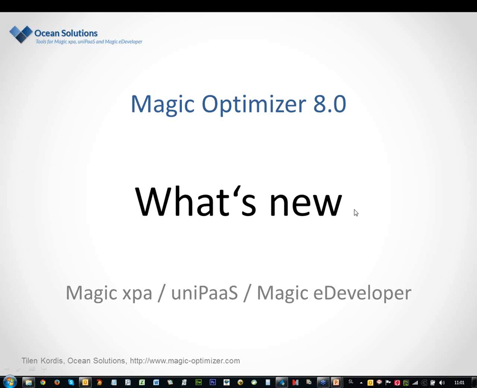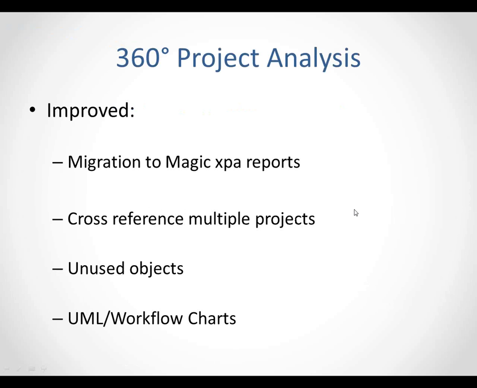Magic Optimizer version 8 has been designed slightly differently than our previous versions, with much more focus on analytical features, so that it encompasses 360-degree project analysis.